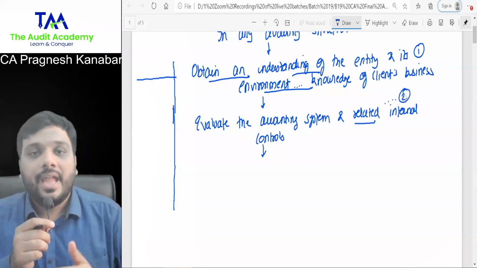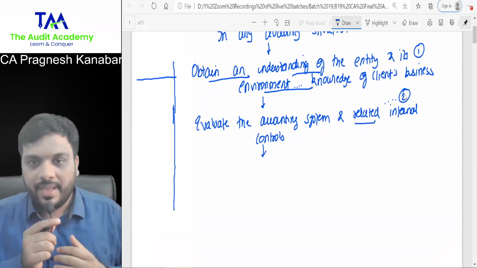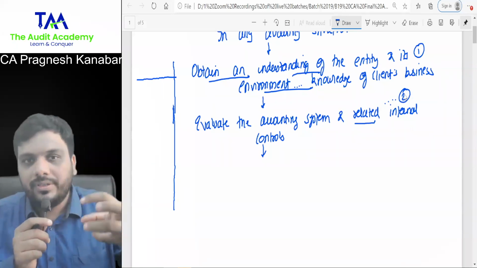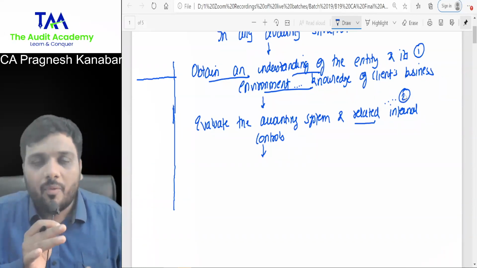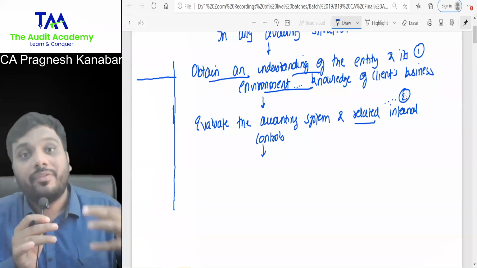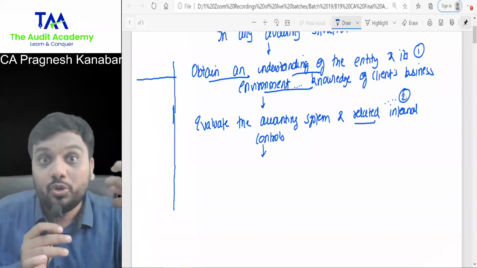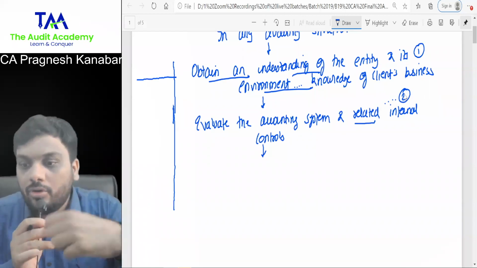After we have understood the business, and after we have analyzed their accounting system and related internal controls, then we get a fair bit of idea about what can go wrong, how much can go wrong, where things can go wrong due to error, where things can go wrong due to fraud.